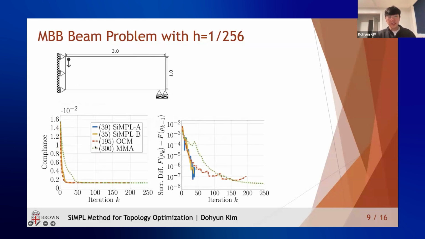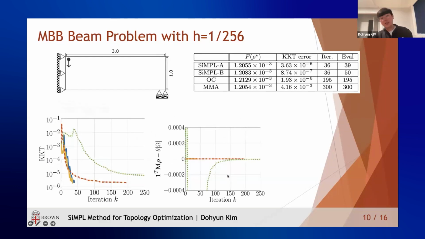If we take a look at the convergence behavior, Simple A, Simple B, and OC showed similar behavior, but MMA has a little bit slower convergence in the compliance. If we take a look at the successive difference, we also observe a similar tendency here.